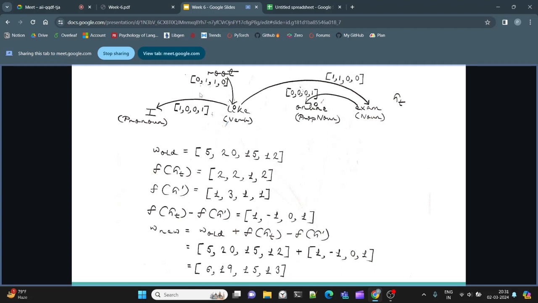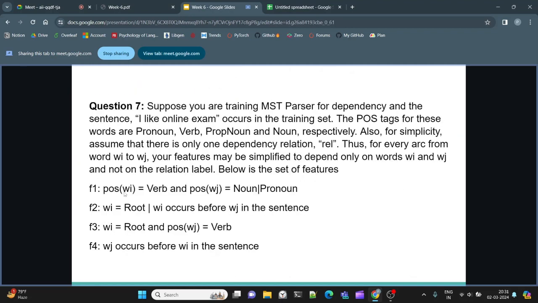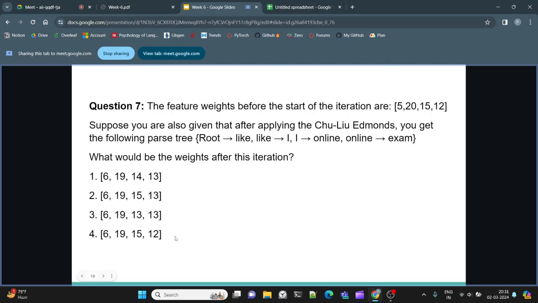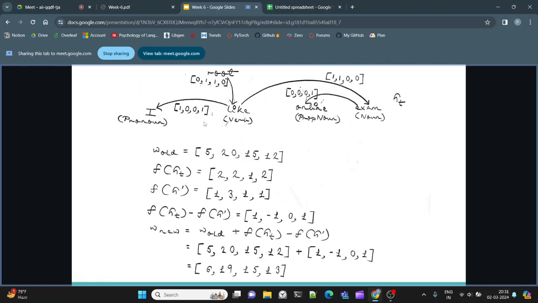Here again we need to find out what are the values for each of the features. Let's try for one more, a different one. Let's take F3. F3 is wi is root and POS tag of wj is verb. Here wi is root, POS tag of wj is verb, correct.